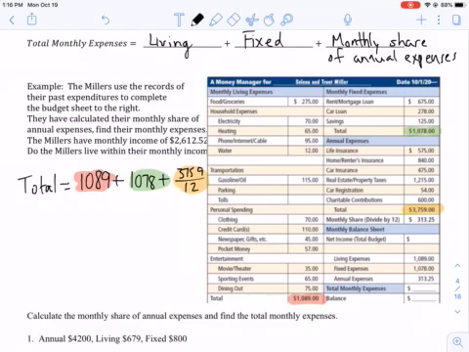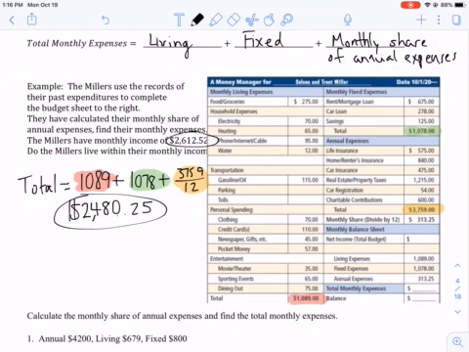We go ahead and do that exactly like it's written, and we find out that their total expenses for the month are $2,480.25. So that's how much money they need each month to just get by.